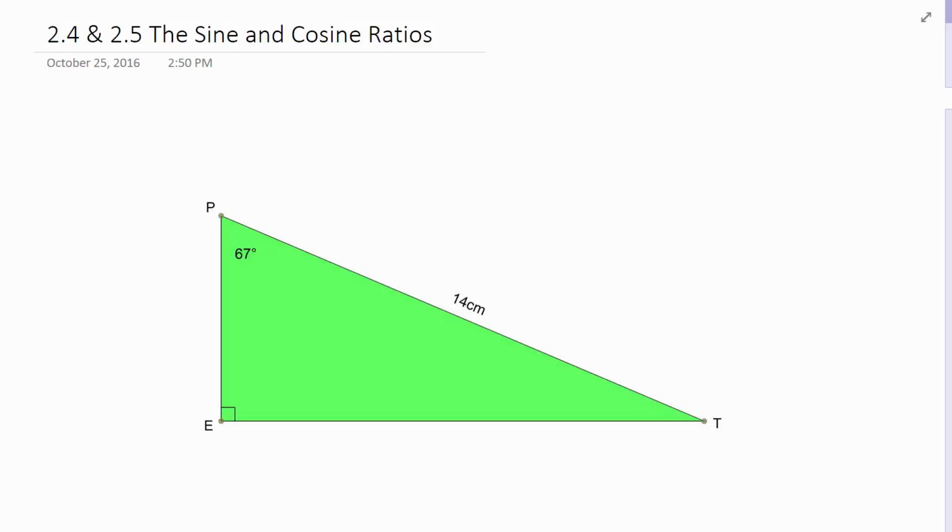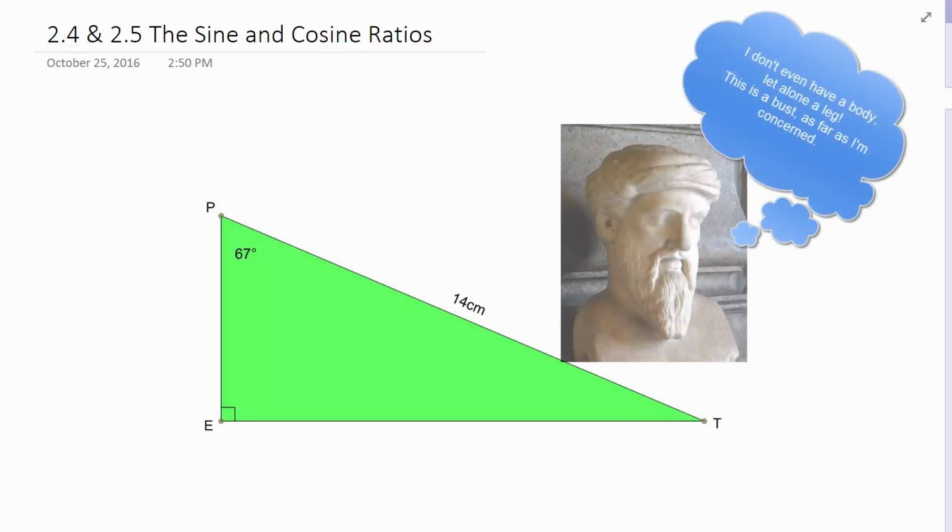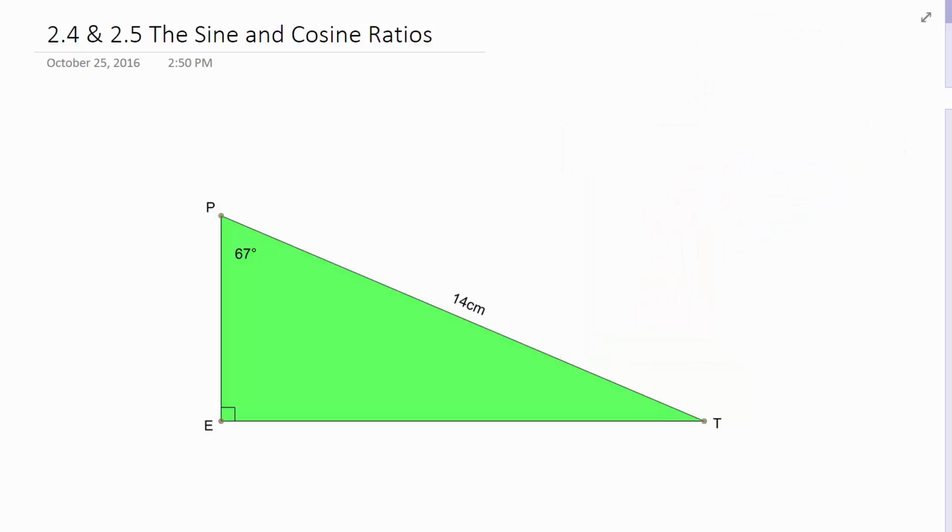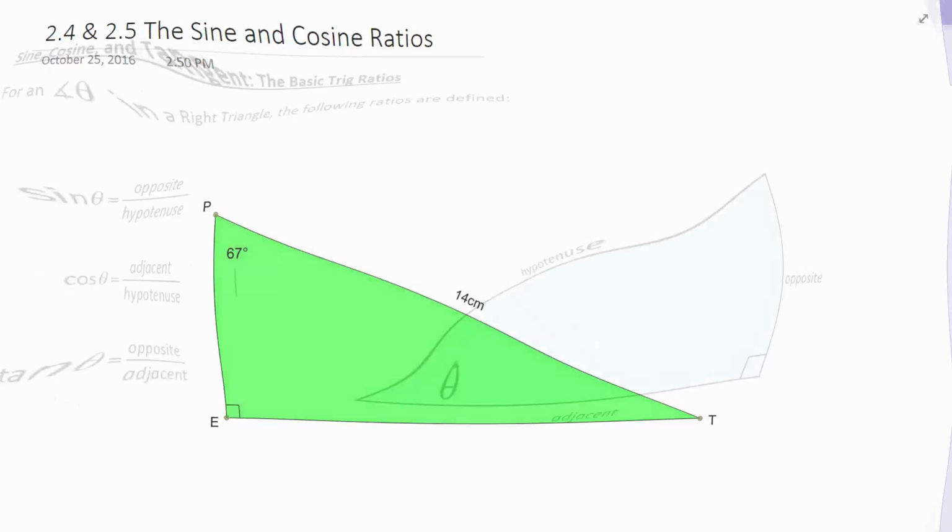Even good old Pythagoras can't help us out here without at least one of the two legs given. So we need a new trig ratio. We need something that will compare the hypotenuse to one of the legs, whether it be the opposite or the adjacent side. Unfortunately, just such a thing exists.